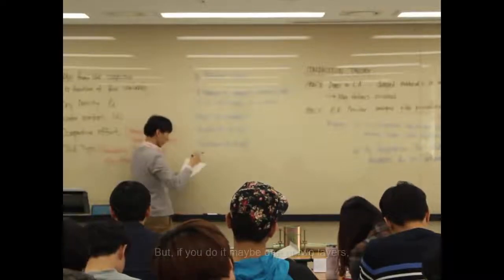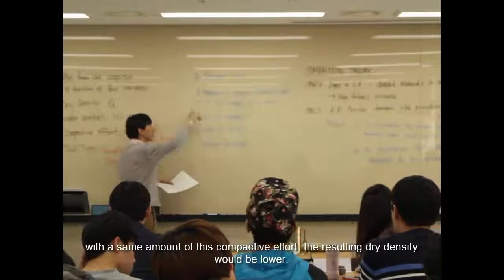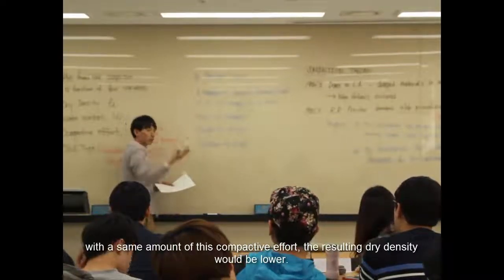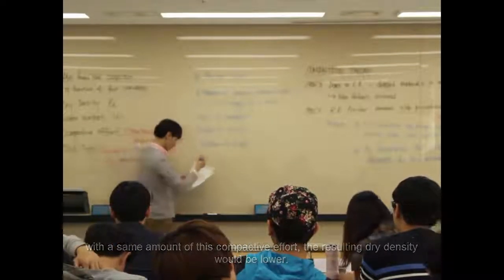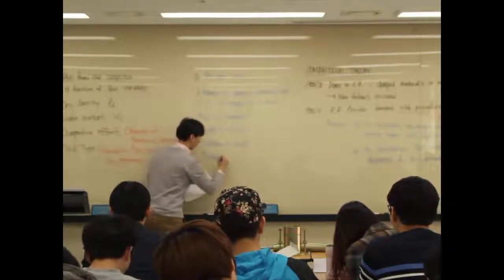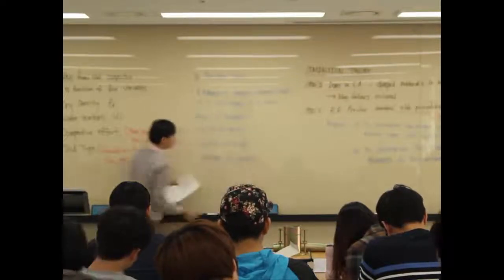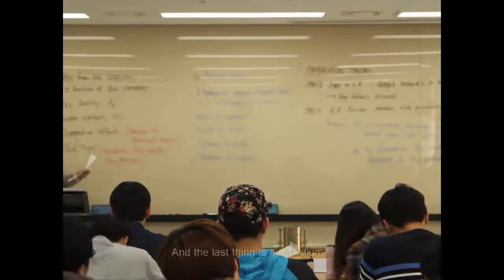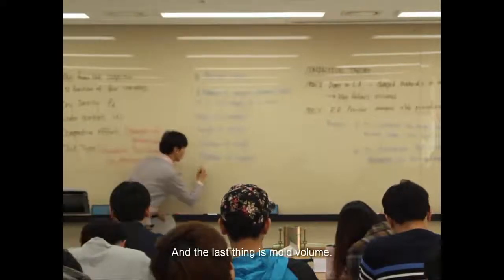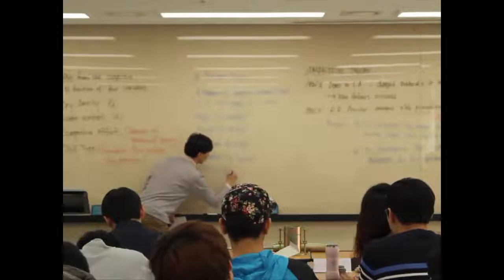But if you do maybe one or two layers, then with the same amount of compactive effort, the resulting dry density will be lower. And the last thing is the volume of the mold.